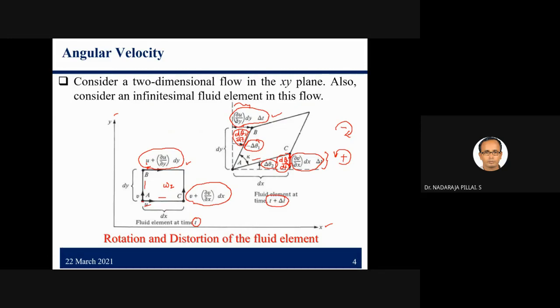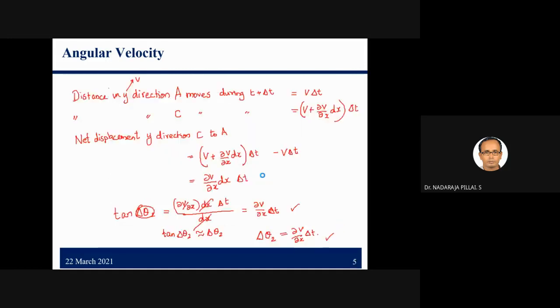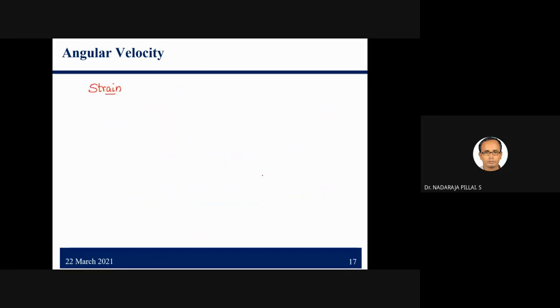So we can note that the strain, which I represent as del k, is equal to minus del theta 2 minus del theta 1. So we can define the strain in this way.